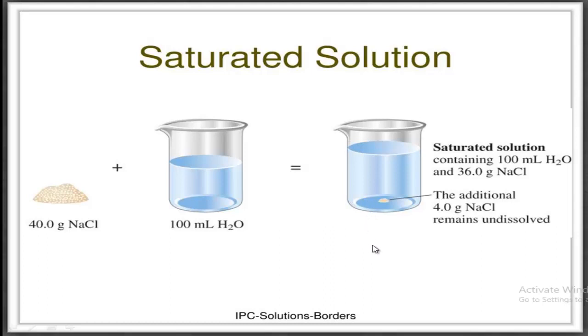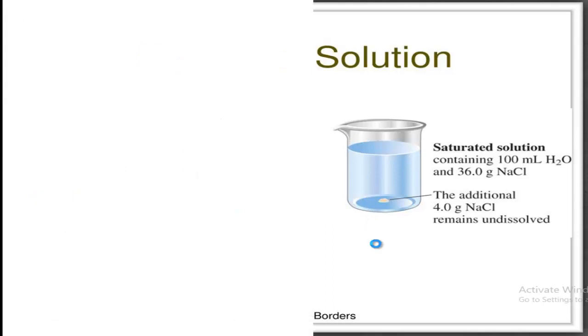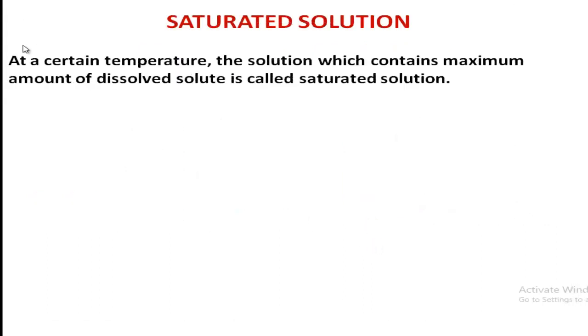So how can we define a saturated solution? Follow this. At a certain temperature, the solution which contains the maximum amount of dissolved solute is called a saturated solution. I hope you understand the fact.